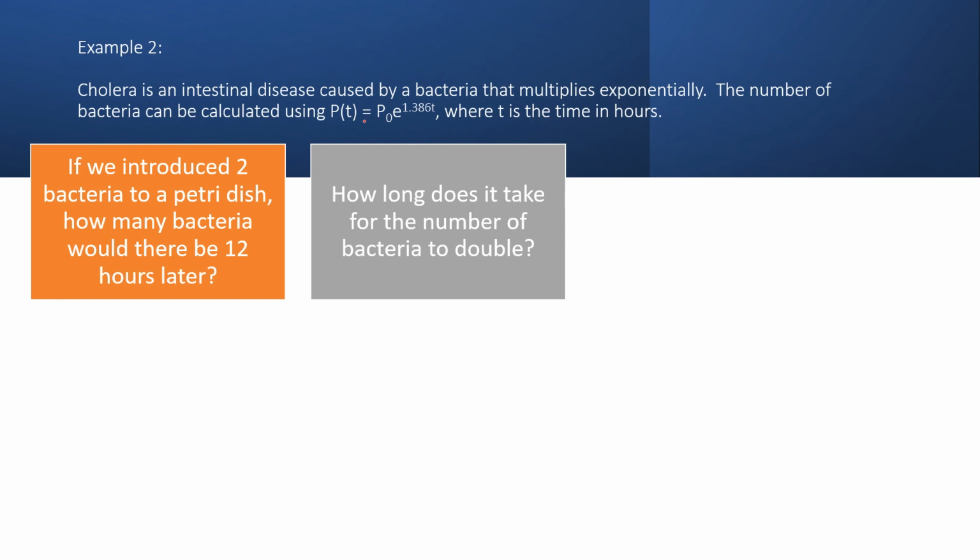The number of cholera bacteria can be calculated using this formula given to us here, where T is time in hours. So in the orange box, if we introduce 2 bacteria to a petri dish, how many will there be in 12 hours?